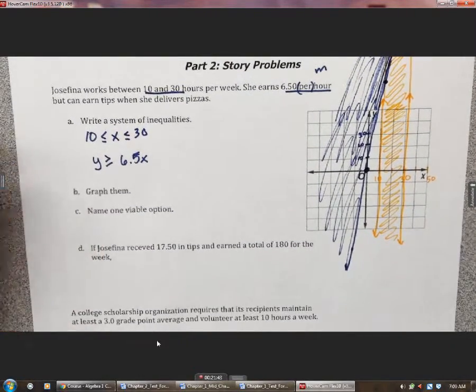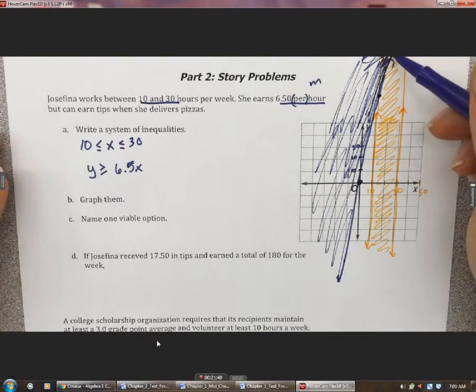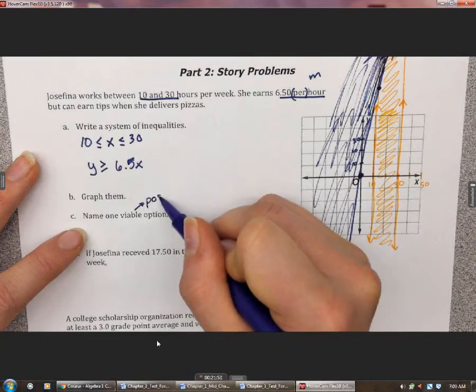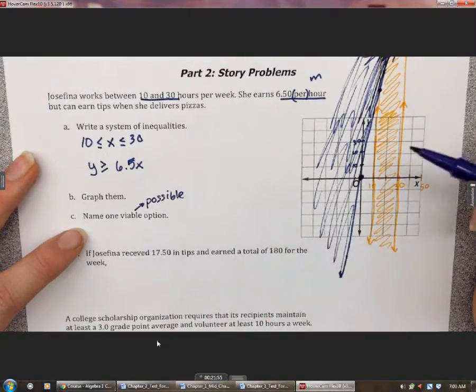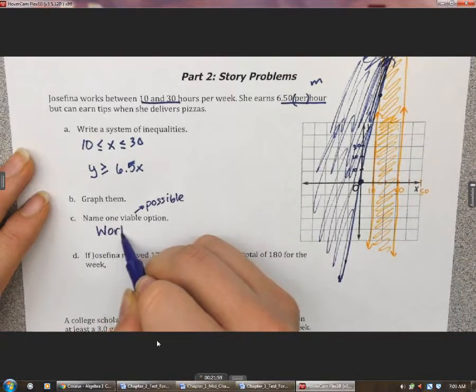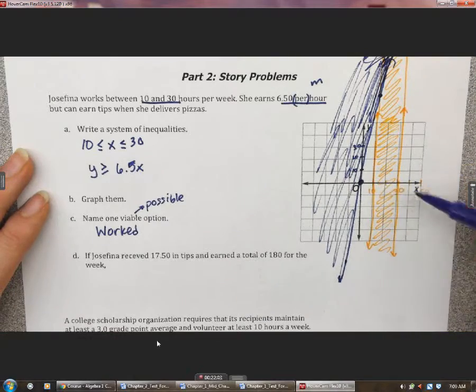Name one viable option. Well, she works between 10 and 30 hours a week. Viable means possible, by the way. So let's pick a number between 10 and 30.